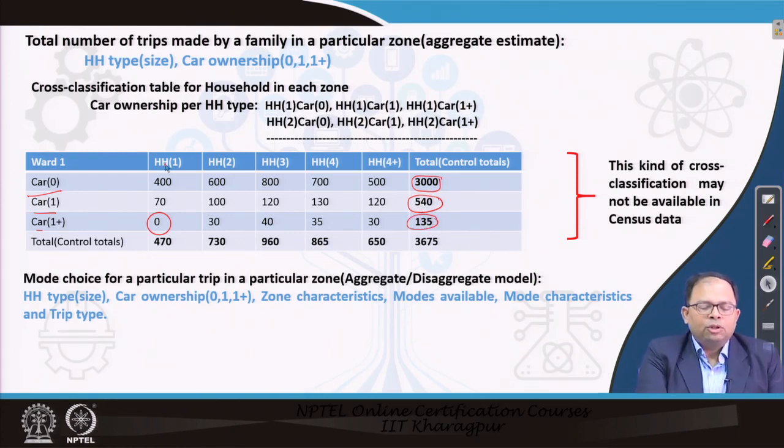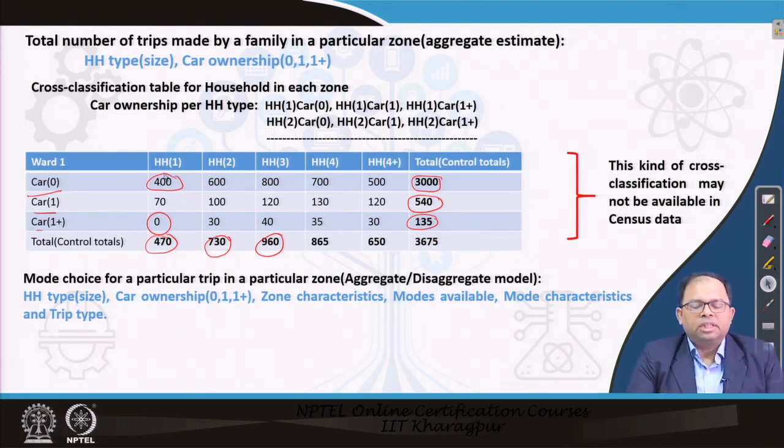Similarly, total number of household sizes are 470 for household size 1, household size of 2 is 730 and 960 and so on. So, if we see, the census actually provides us with this major data. So, this kind of data is present, but we also want number of households with size 1 having 0 cars, but this data is not there in census.